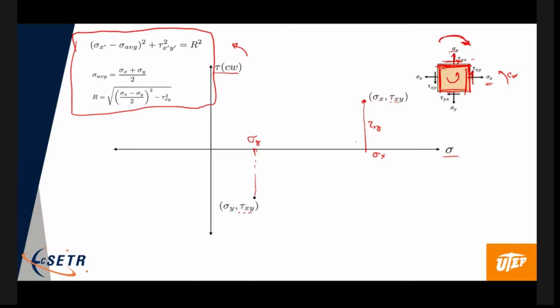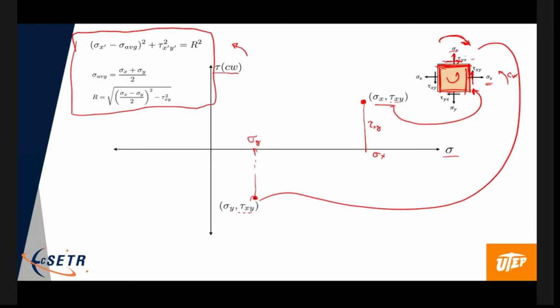And actually you get the same circle regardless of which way you draw it, but technically this is the point corresponding to this face, and this is the point corresponding to this face. Now we could also do this back face here, and if we do that, we have a positive sigma X, and so that's here, and a shear stress that also puts it in the positive direction.